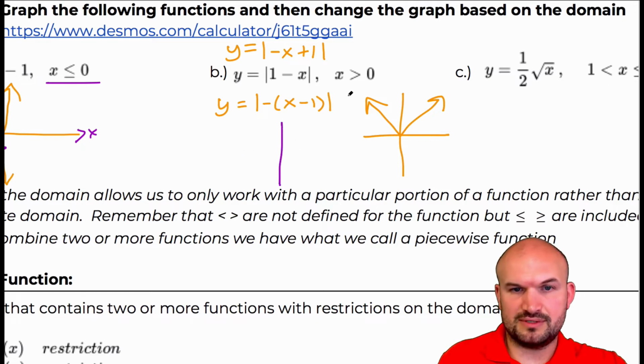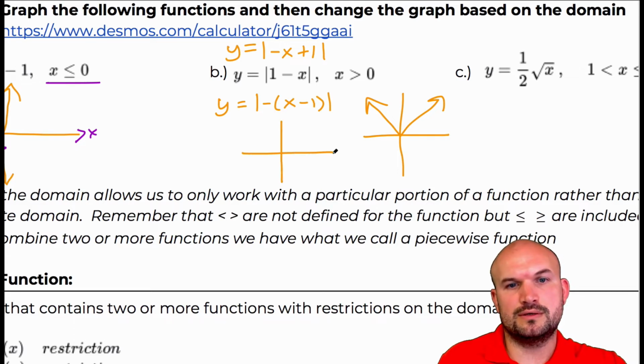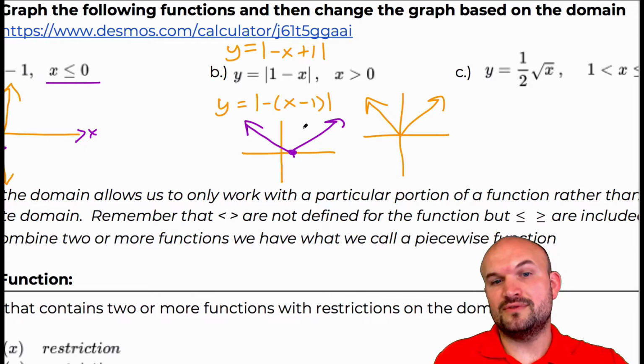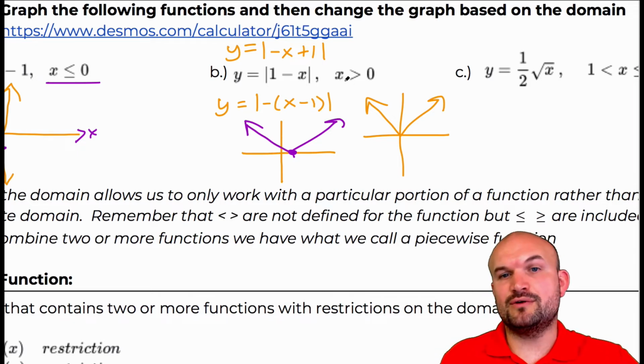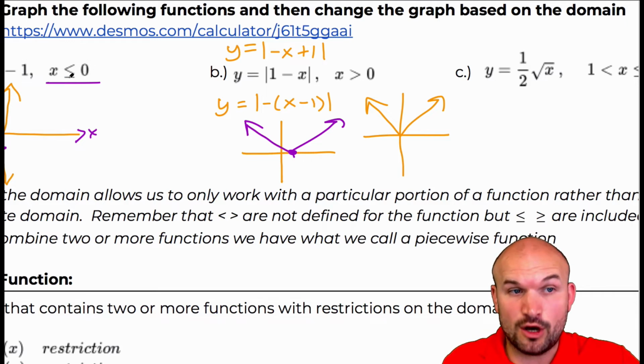So the graph, oops, let me just do that in orange because I like the difference of colors. So now that's going to be shifted 1 unit to the right, and it's going to be a V graph. A little low. Now this graph says only graph this for x values that are greater than 0, not greater than or equal to.